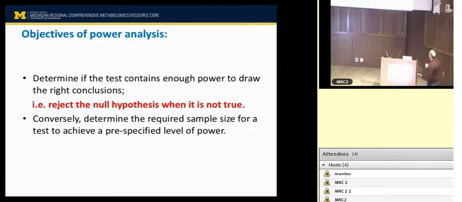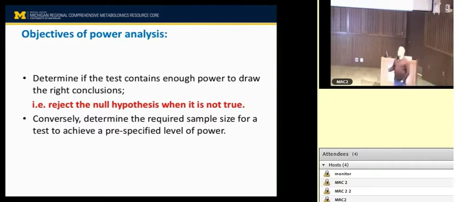So essentially, the objectives of power analysis: you can use it in 2 ways, and these are all intricately linked. If you have already selected the sample size, you already have your data, and therefore your sample size is fixed.